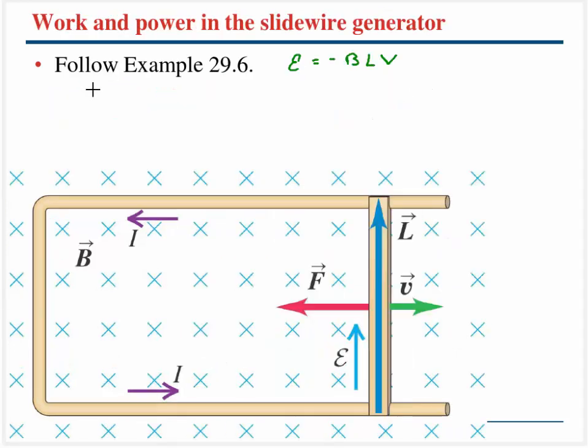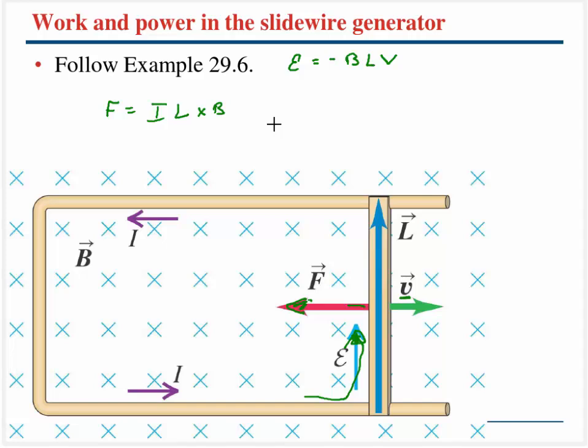The negative sign means that it's going to be in the clockwise direction. Now, if you were really on the ball, you'd be saying, hey, wait a second, we've induced an EMF, we've induced a current running through this circuit right here, and I remember that the force is going to be equal to I L crossed with B. So if I do my L crossed with B, I can see that I'm going to have some force now in the backwards direction that's opposing this motion right here, and it's related to the velocity.